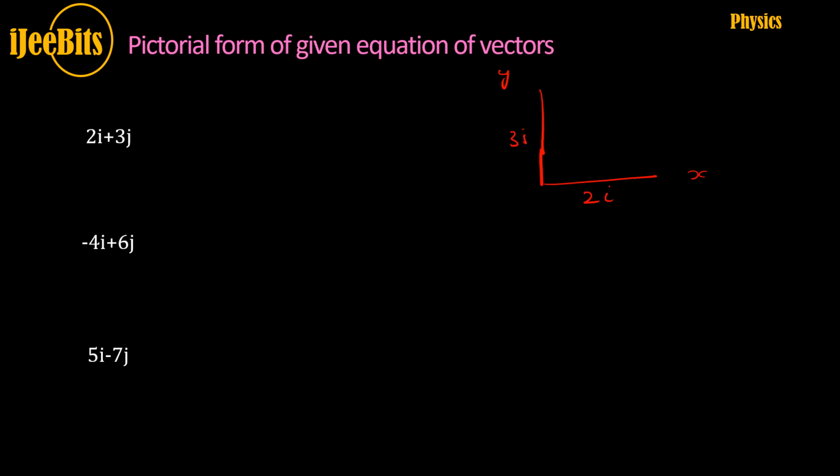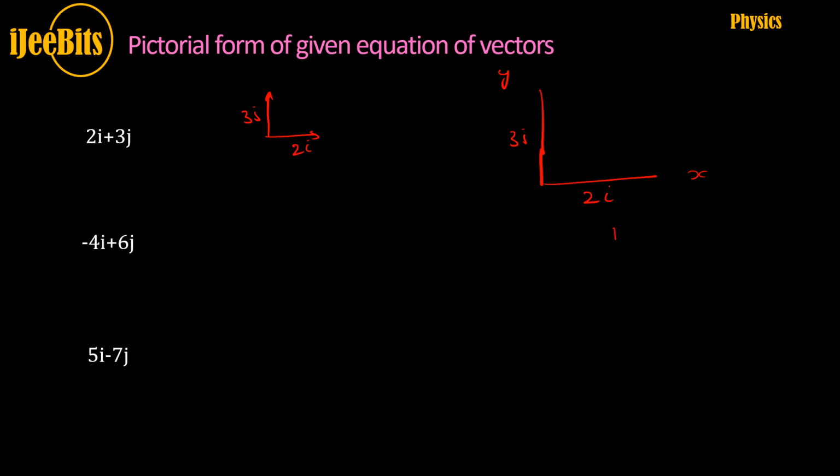This is how you can see 2i plus 3j. How do you represent it? In the x direction 2 units, 2i, and in the positive y direction 3j. This is how you represent the vector 2i plus 3j. Are you clear?